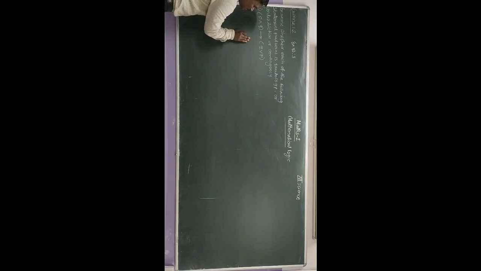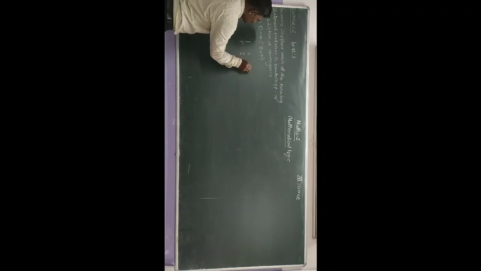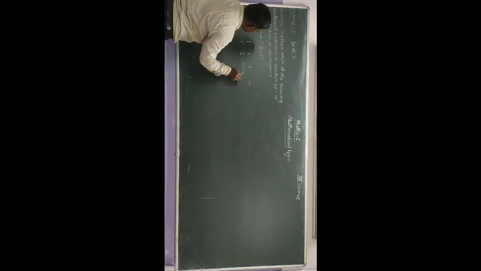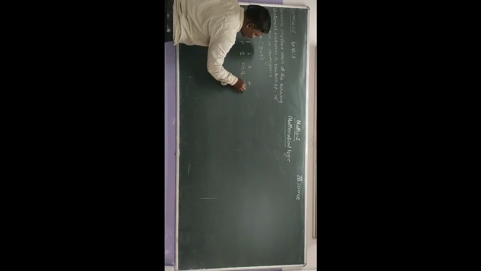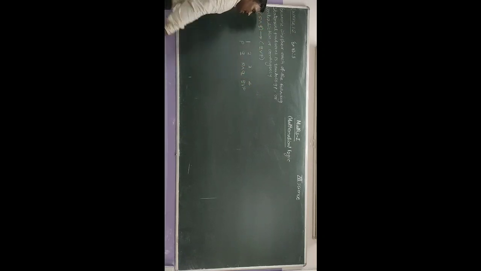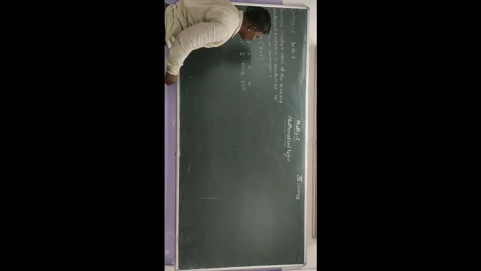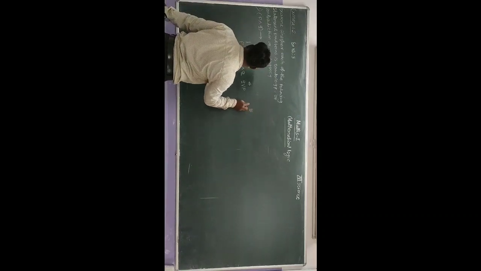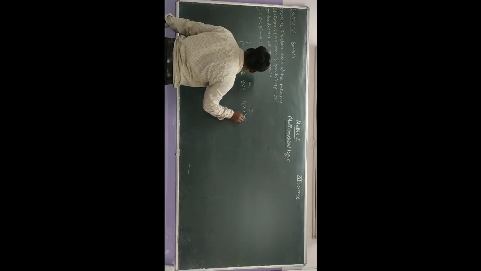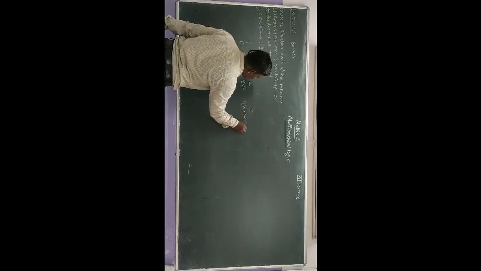First column is P, second column is Q, third is P ∧ Q, fourth is Q ∨ P, and fifth is (P ∧ Q) → (Q ∨ P).